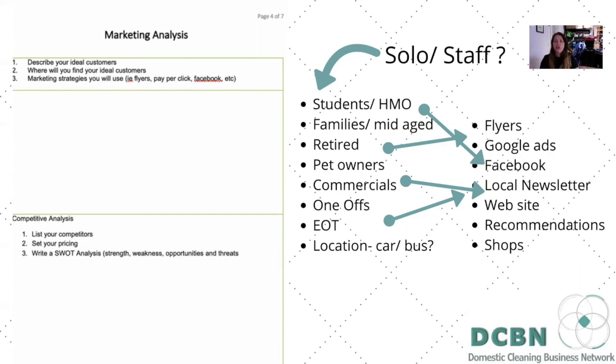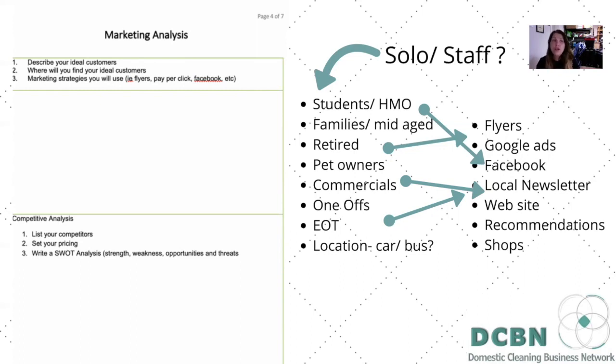You can cover a much wider area, you can work on end of tenancy cleans, so you can work with letting agents, you can do commercial cleans, not just domestic cleans. That's again part of the planning, to decide what services you're going to offer.